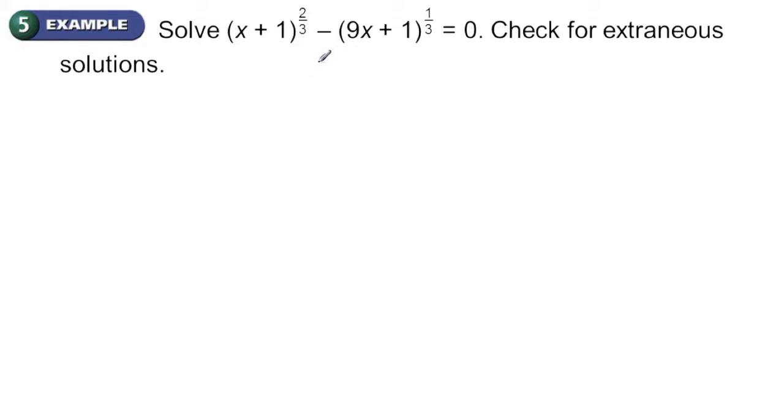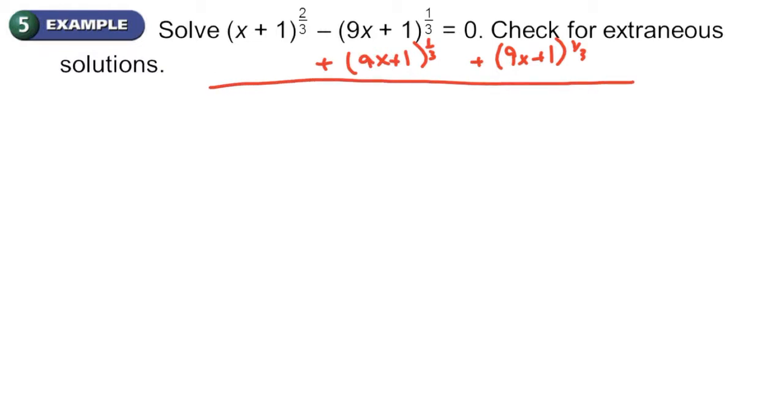So therefore, we are going to add 9x plus 1 to the 1/3 to both sides. This cancels out on the left, and we're left with x plus 1 raised to the 2/3 equals 9x plus 1 raised to the 1/3.